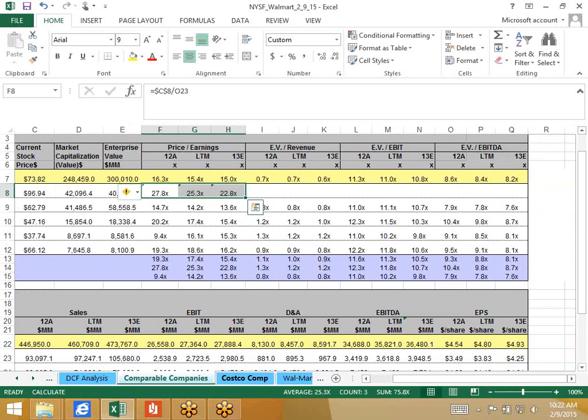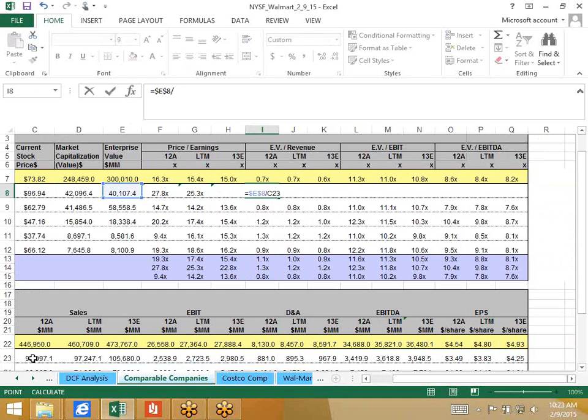So if you see major swings in the multiples and think, well, something must be wrong, is that really a reporting thing, or did Costco really change, or are we linking something wrong? We can easily look down and see if we're pulling in something wrong. Enterprise value to revenue. You take the enterprise value, anchor that, divided by the sales in 2012, copy to the right.